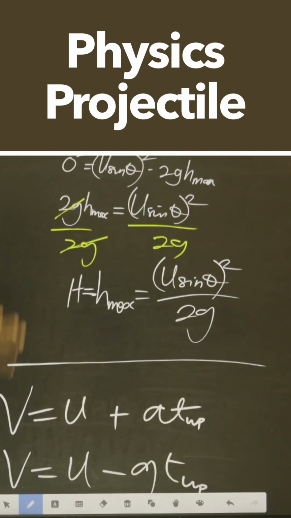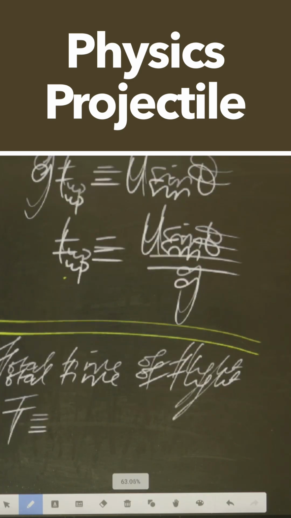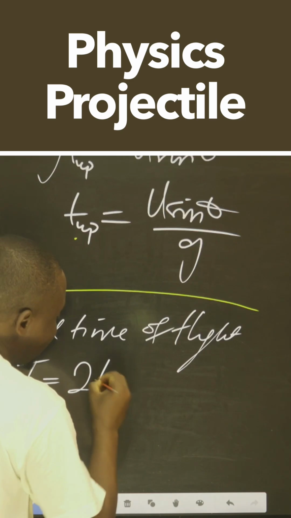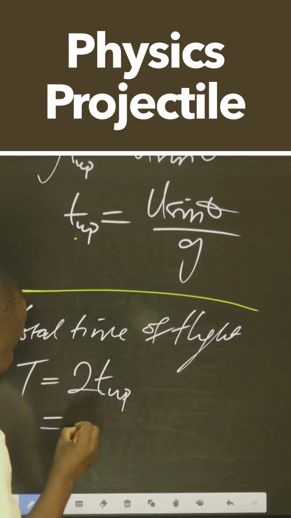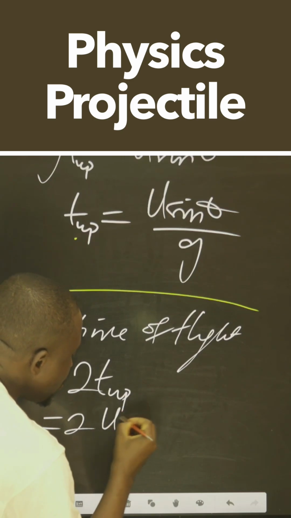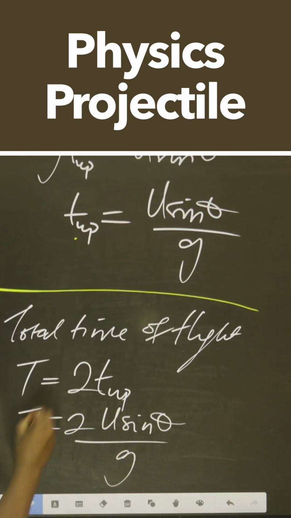So this time to reach up, you have to multiply it by 2. That is 2 multiplied by time to reach up. What is time to reach up? It is u sine theta over g.